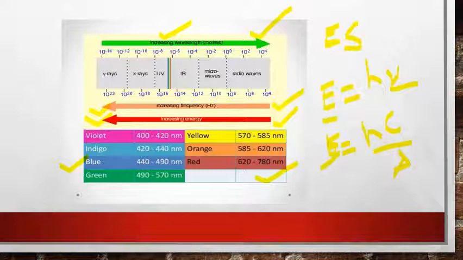So this is the VIBGYOR range. We arrange this in increasing order of wavelength. It can be understood as decreasing order of energy.